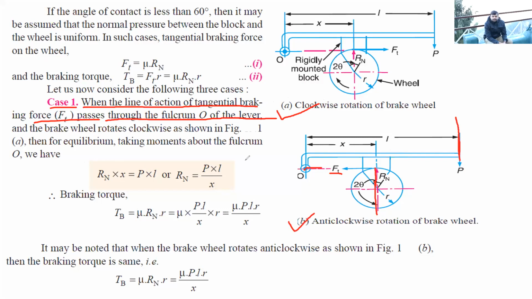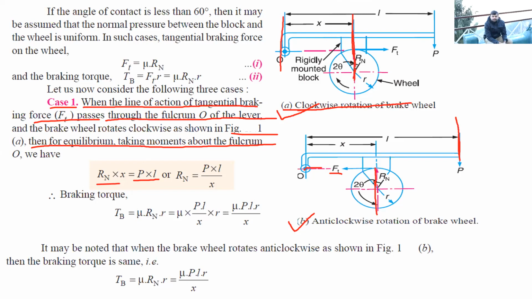All right. Now, as shown in figure 1a, for equilibrium, taking moments about the fulcrum point O. So we'll consider this diagram first, that is figure A, when the wheel is rotating in clockwise direction. So Rn into x is equal to P into L. How? This Rn force is acting at a distance x, all right, and it is acting in upward direction.